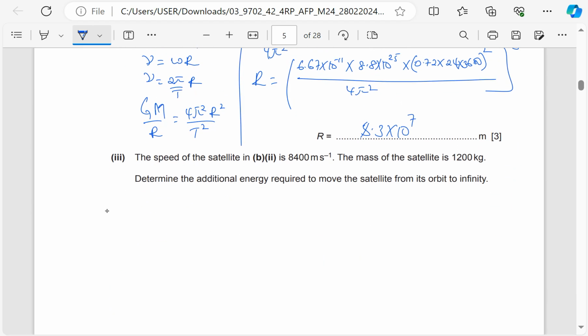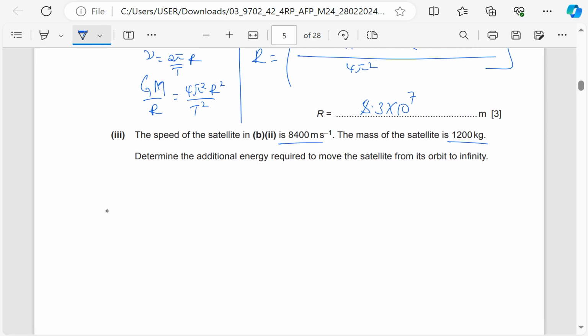The speed of the satellite in B is 8,400 meters per second. The mass of the satellite is 1,200 kilograms. Determine the additional energy required to move the satellite from its orbit to infinity. Of course, we know that at infinity, kinetic energy becomes 0.